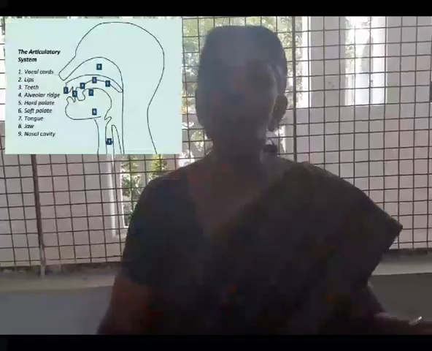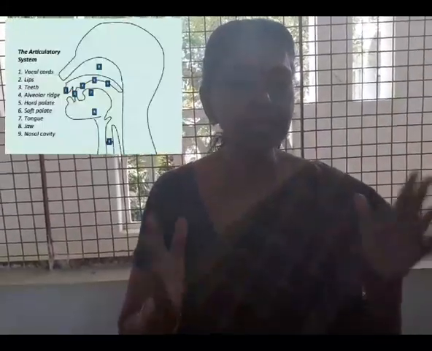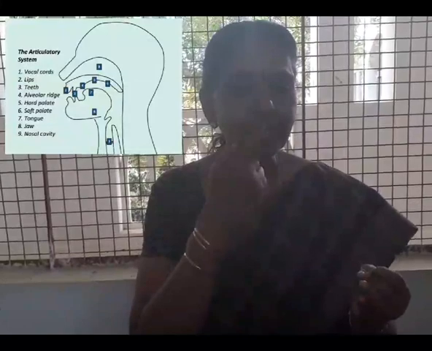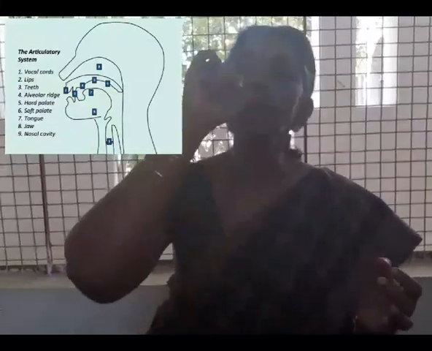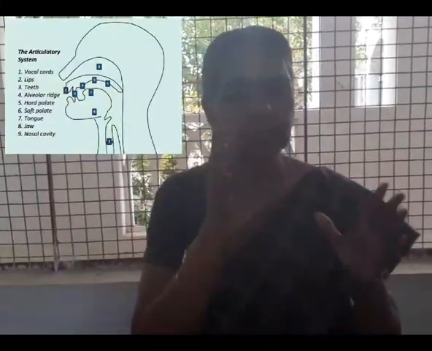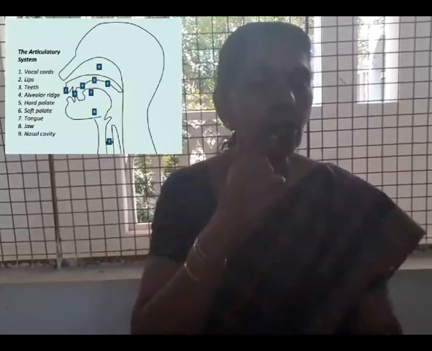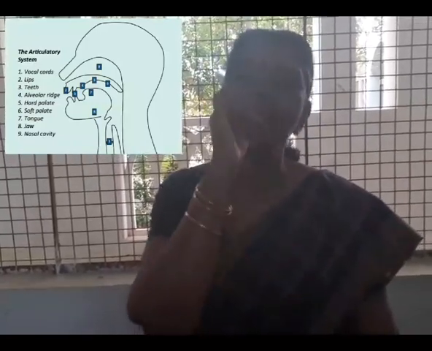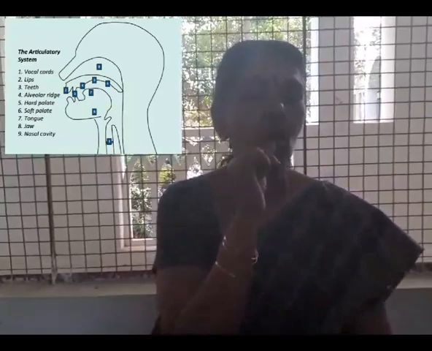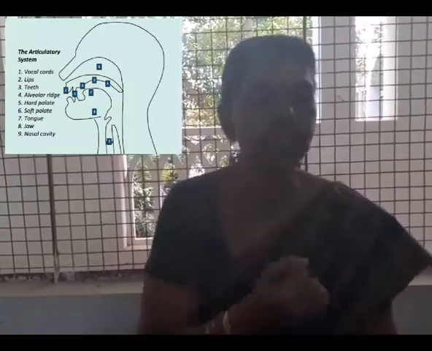The third system is the articulatory system. The articulatory system consists of the nose, the teeth, the tongue, the roof of the mouth and the lips. The convex part of the roof of the mouth behind the upper front teeth is called the alveolar, that is, the teeth ridge.